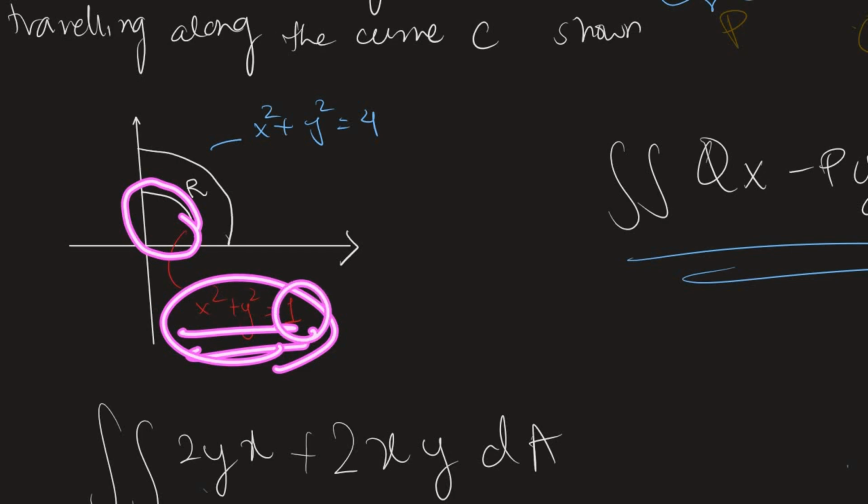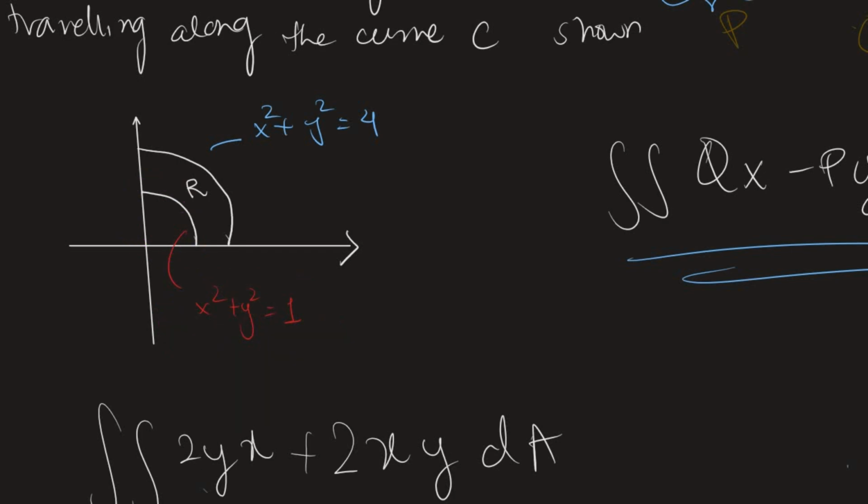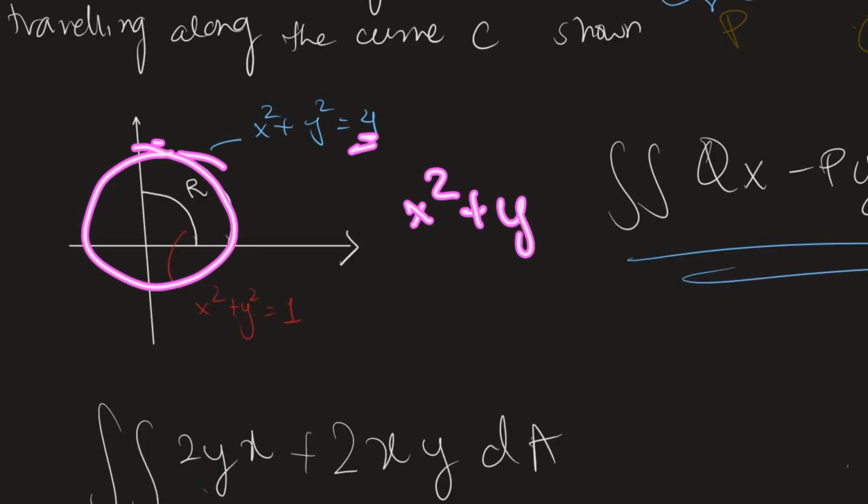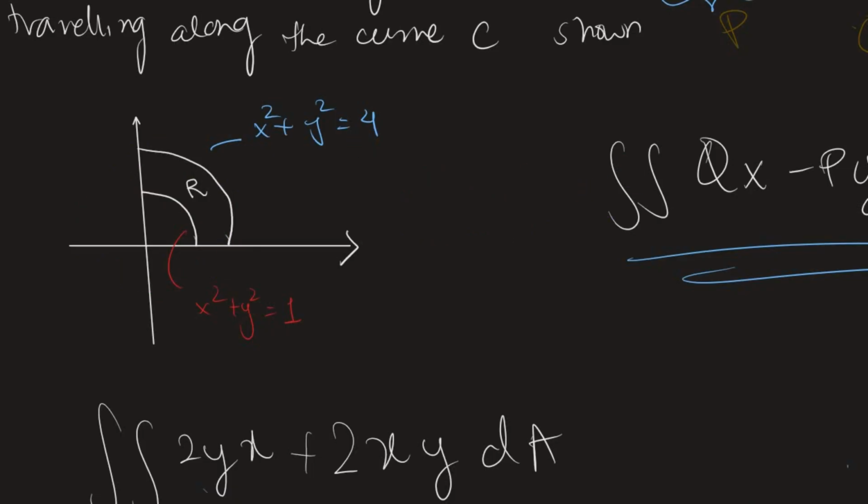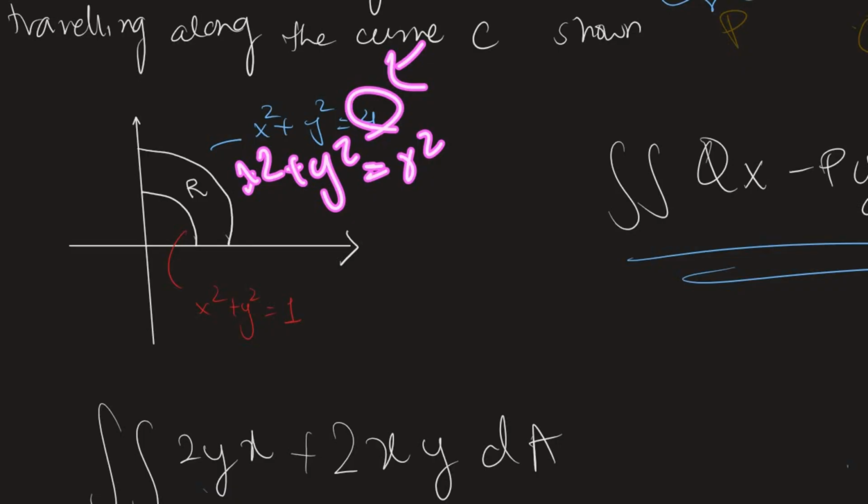The upper limit is r equals 2. Why? Because the equation of the circle is x squared plus y squared equals r squared.